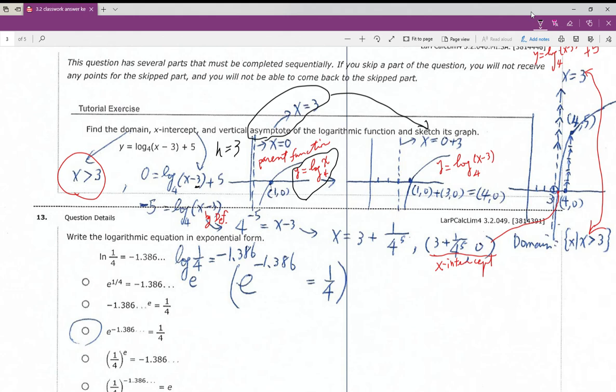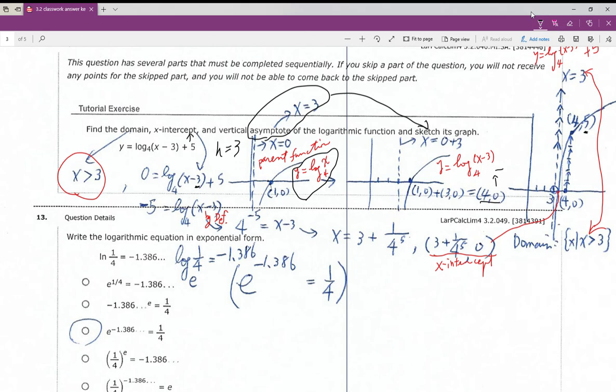And then from your parent function, you're supposed to have 1, 0. But because your x shifts 3 units, 1 plus 3, you have a new important point here. So this point plus 3 becomes 4, 0. And afterward, you need to plus 5, go up. So you push the whole graph 5 steps up. Now this y value needs to plus 5. So 4 has no change, but this 0 becomes 5.